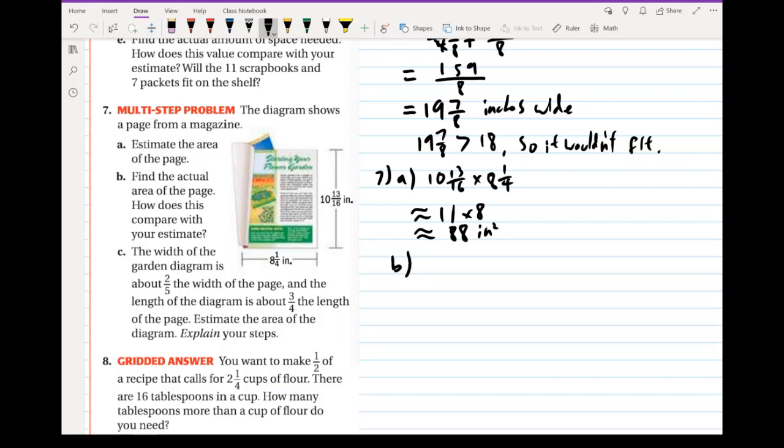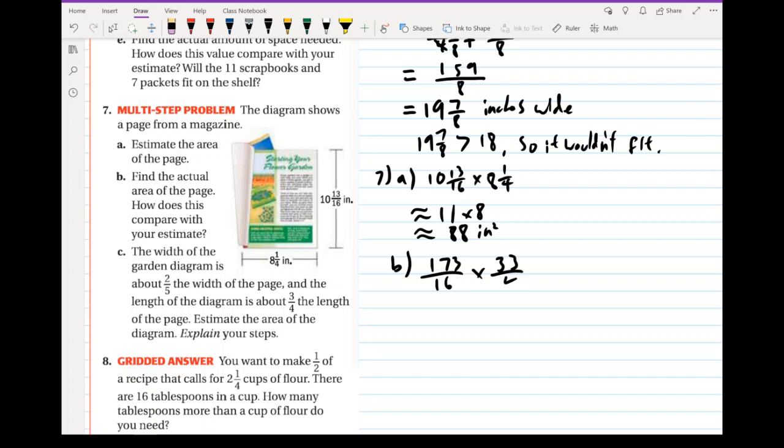So 10 and 13 over 16, we have to change that into an improper fraction. 10 times 16 is 160. 160 plus 13 is 173. So that'll be 173 over 16 multiplied by 8 times 4 is 32 plus 1 is 33, so 33 over 4.